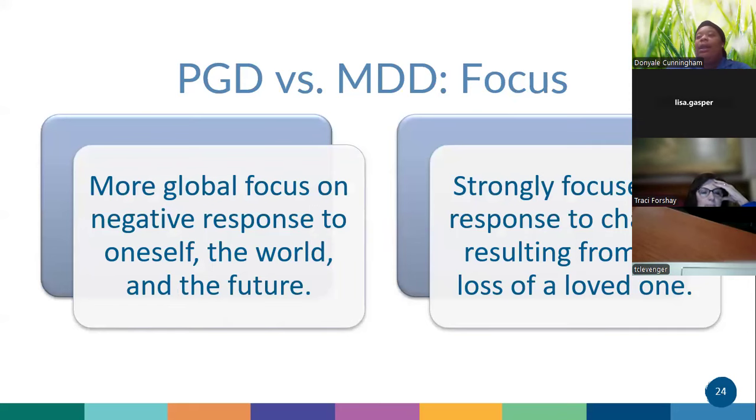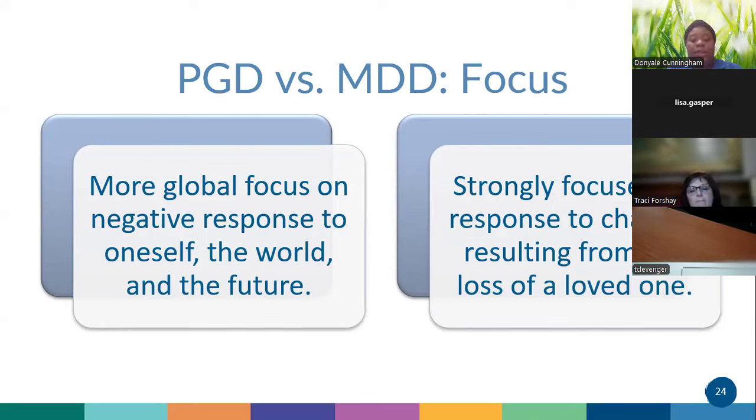All right, so when we look at prolonged grief disorder and major depressive disorder, we look at focus. Now, while both prolonged grief disorder and major depressive disorder involve sadness and distress, the key difference in focus lies in the specific preoccupation of that thought. So, in prolonged grief disorder, the primary focus is intensively yearning for and ruminating about the deceased person, while major depressive disorder focuses on more generalized thoughts, often centering around negative self beliefs and pessimism about the future, not necessarily tied to a specific loss.